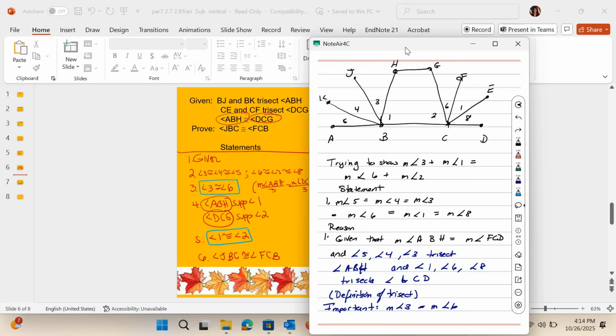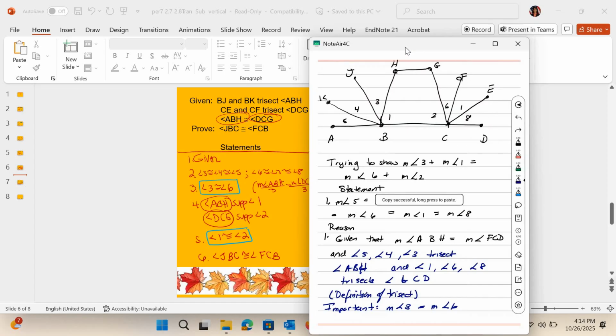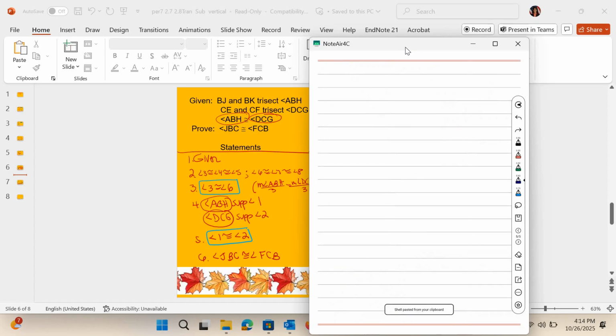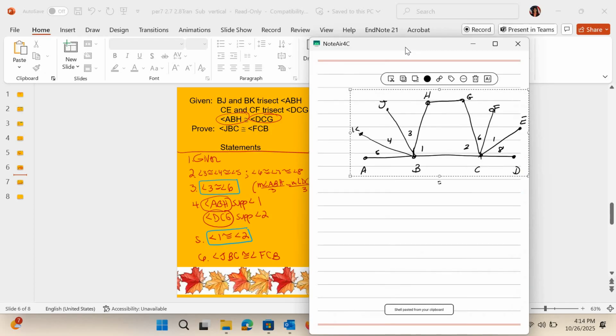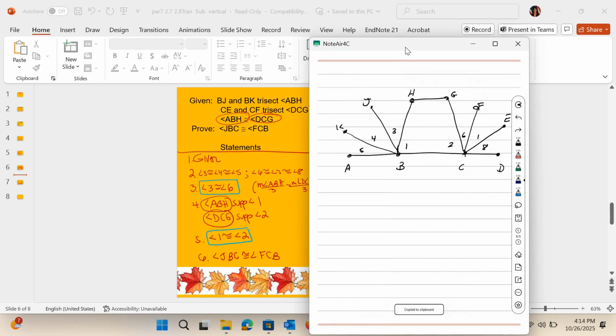Let's take the picture with us and go to the next page. There's that picture. I'm going to move that picture a little bit. Okay, there we go.